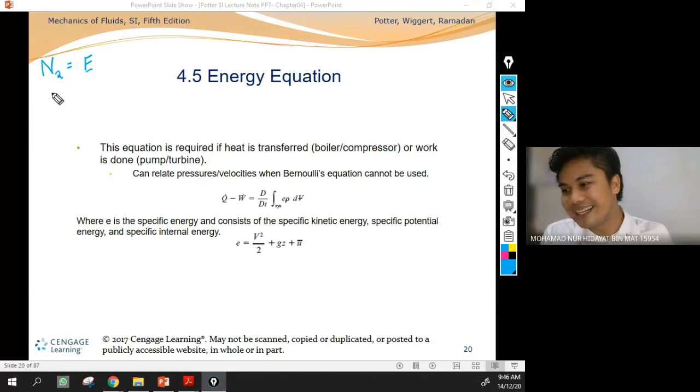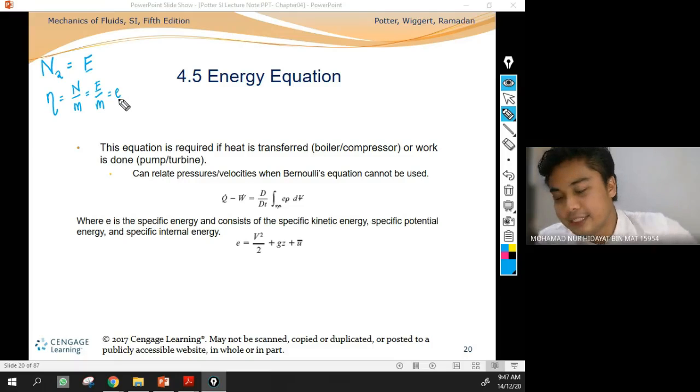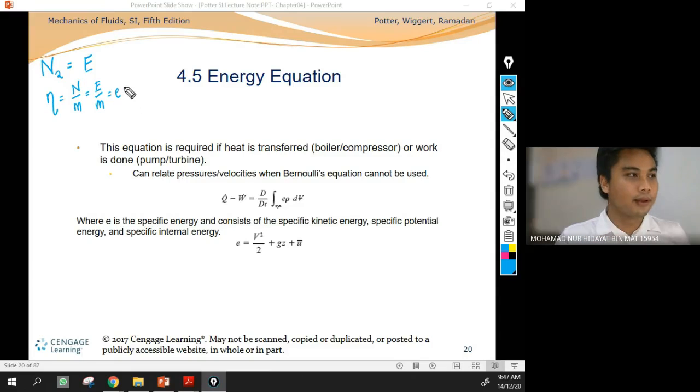In order to get an intensive property, the extensive property should be divided by mass. So E divided by mass, you get small e. The small e means energy over mass.